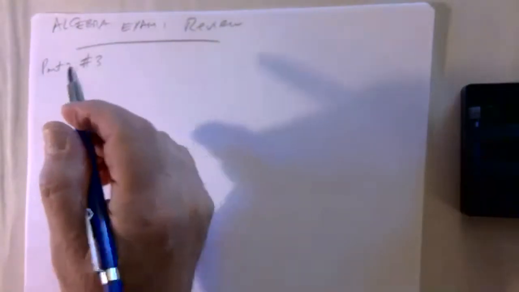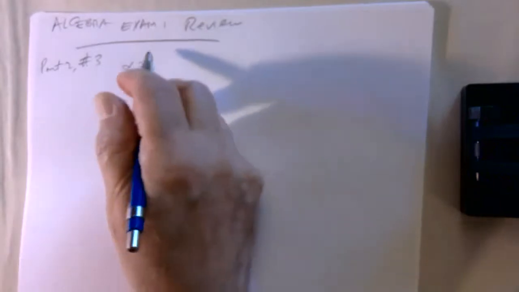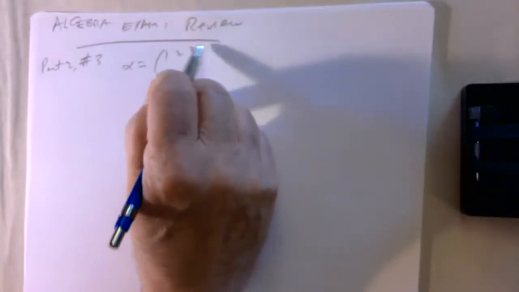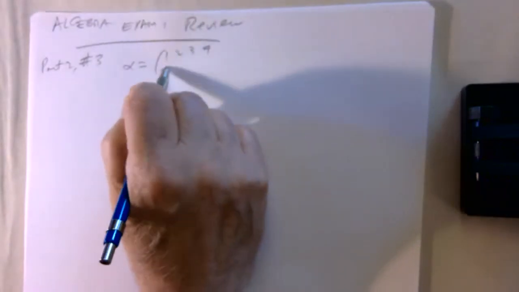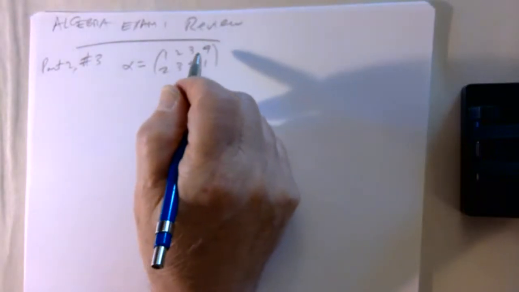So we have the permutation alpha, which is 1 goes to 2, 2 goes to 3, 3 goes to 4, and 4 goes to 1.